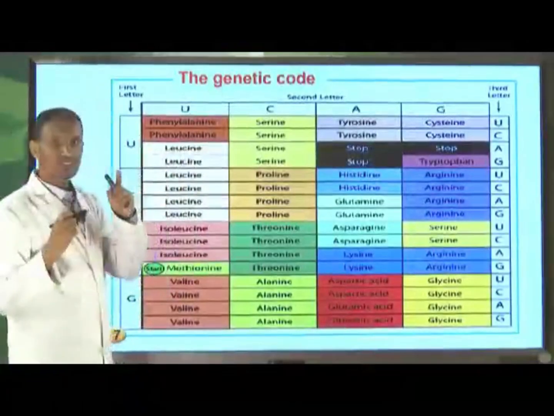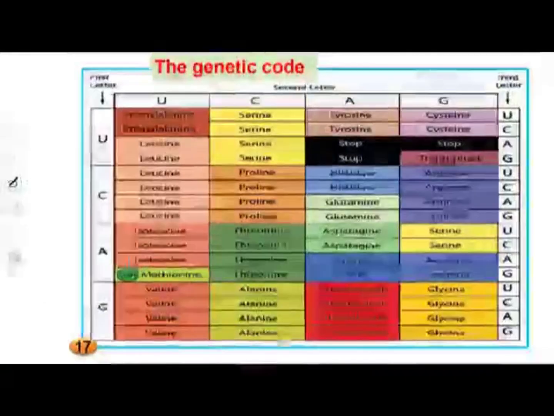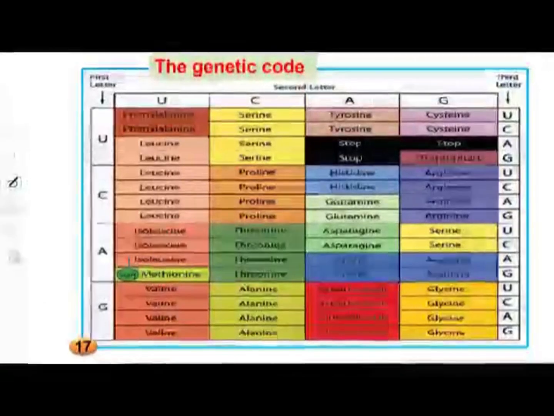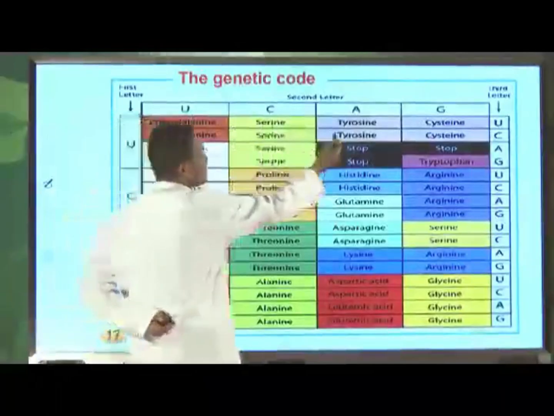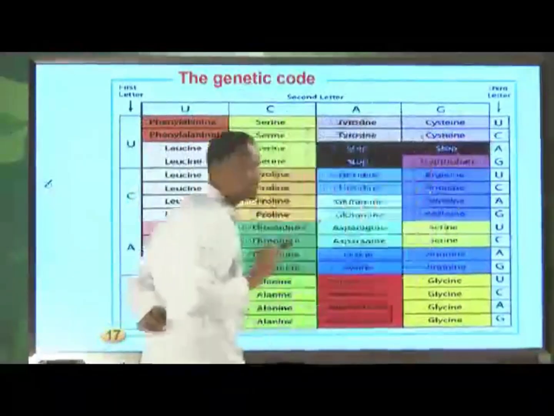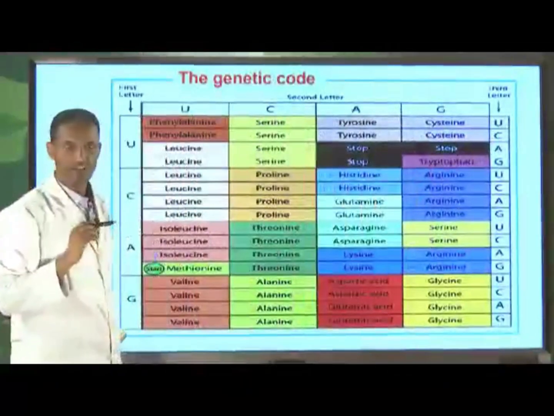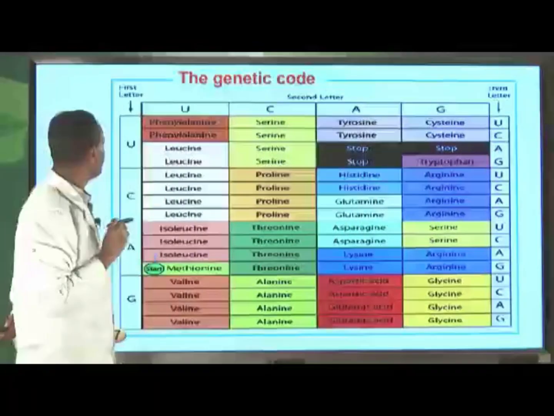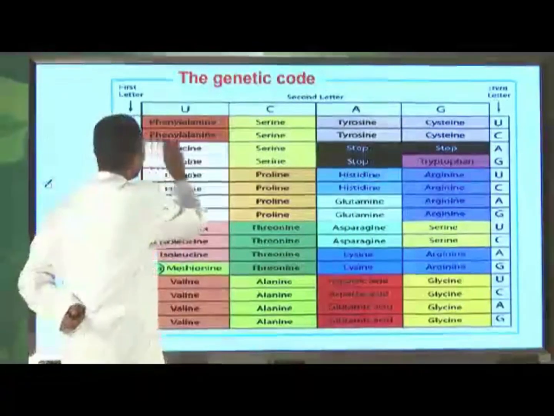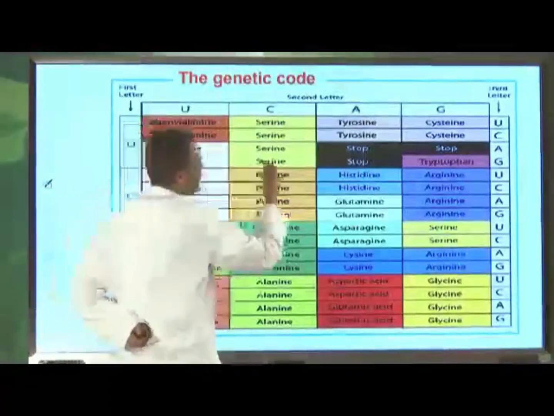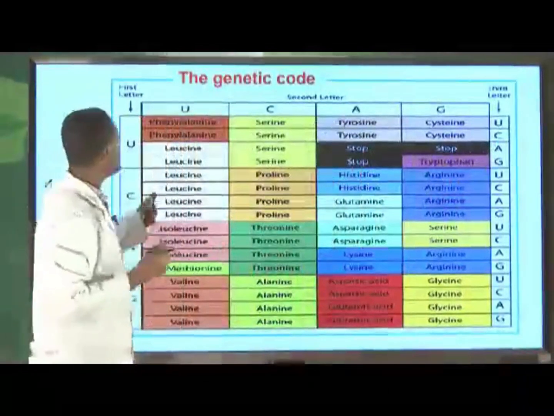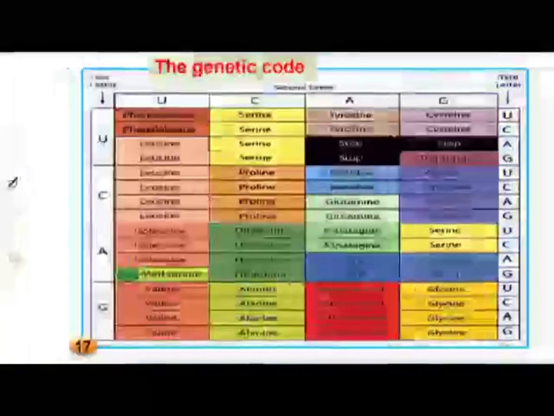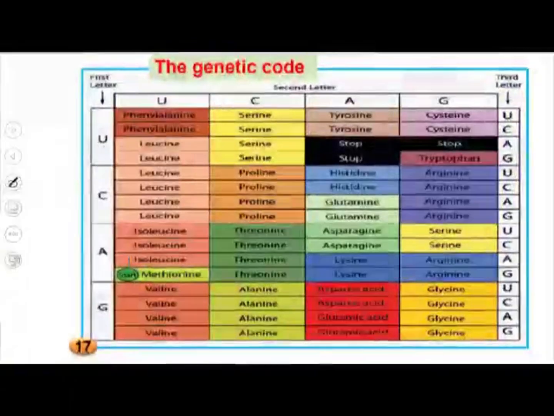One of the codons which encodes phenylalanine is uracil, uracil, and the third letter is uracil. The second one, the first letter uracil, the second letter uracil, and the third one is C, which is cytosine. Uracil, uracil, cytosine again encodes phenylalanine.